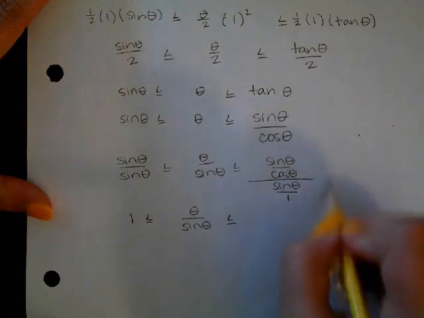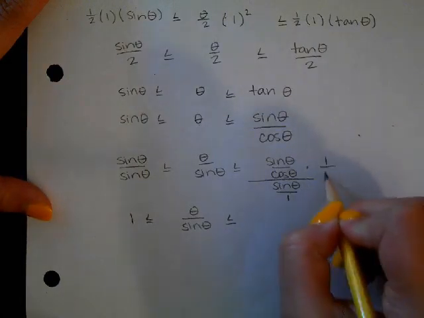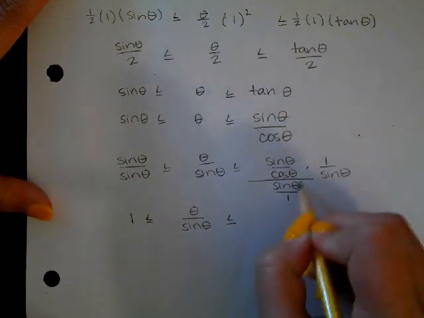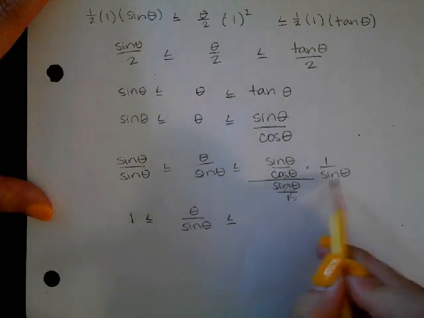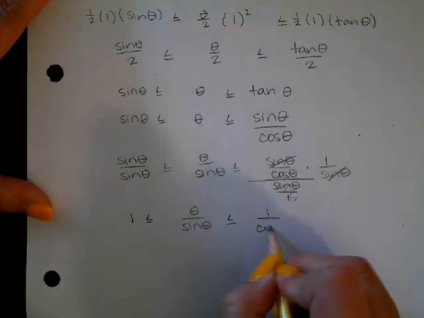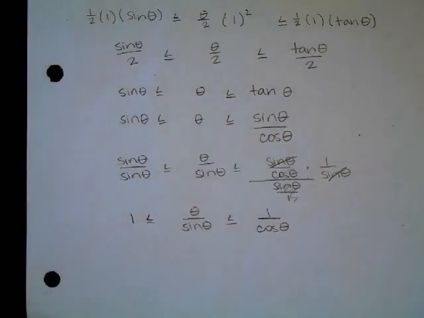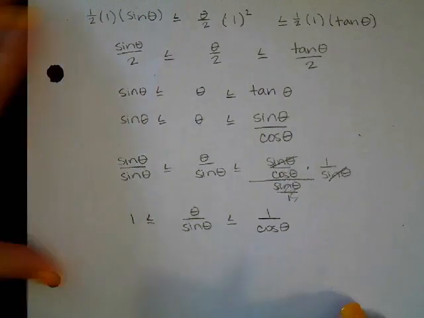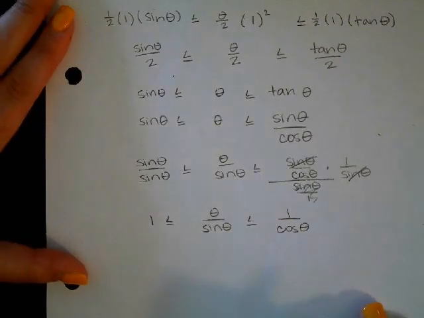And then what happens? We just get 1 over cos. Now, we are pretty close to our goal, right? The middle is just the inverted version of what we wanted.